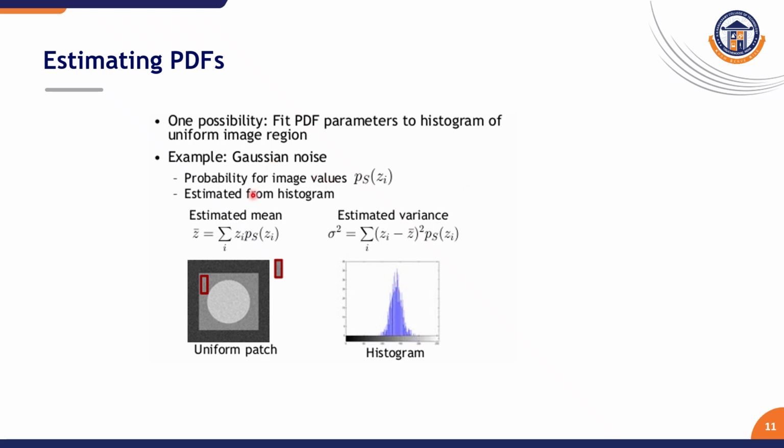The Gaussian noise is given here. The probability for image values p of z i is estimated from the histogram, with estimated mean and estimated variance given here.